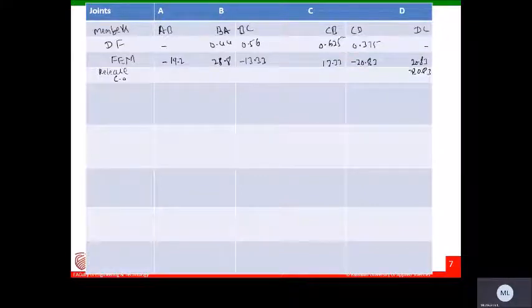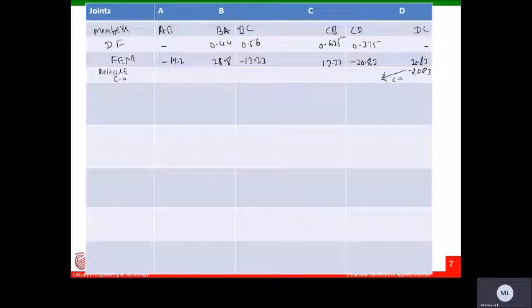I am releasing and carrying over half of the moment to the adjacent support. Very important, please: carry over half of the moment to the adjacent support.